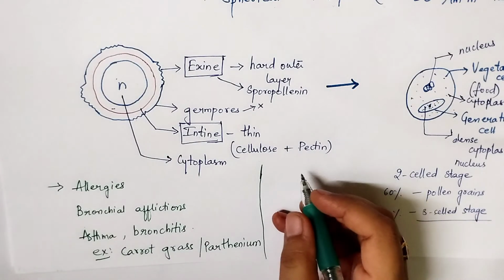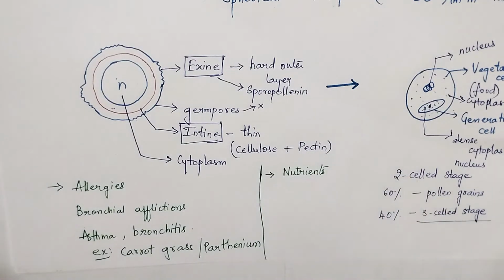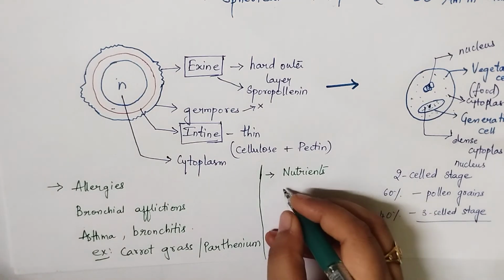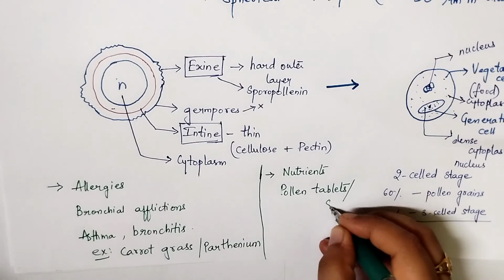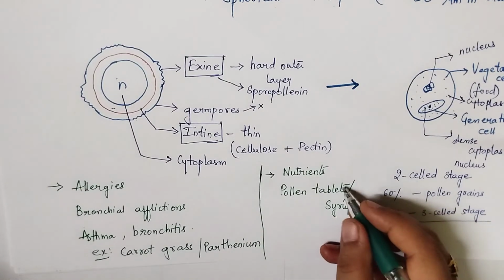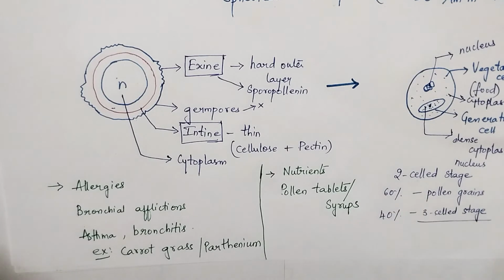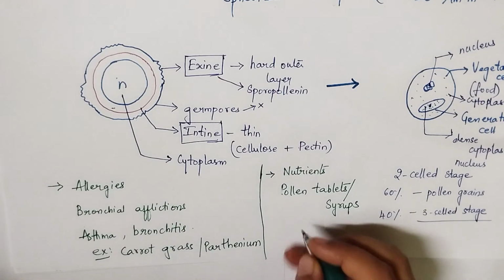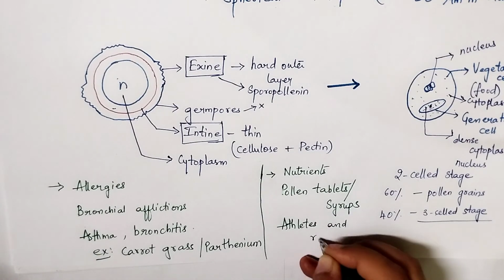What is the advantage of these pollen grains? Pollen grains are rich in nutrients and hence they can be used as pollen tablets, as food supplements. These pollen tablets or syrups are used for consumption to increase performance, especially in athletes, and are also given to race horses.